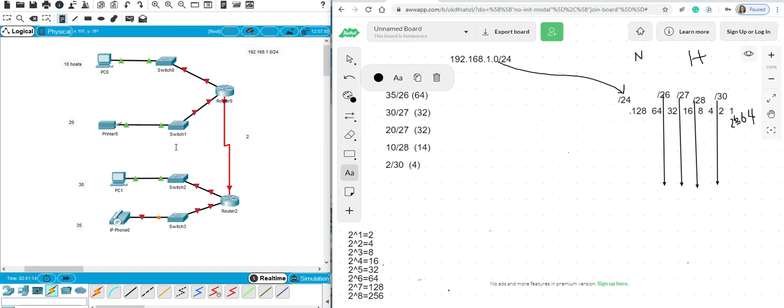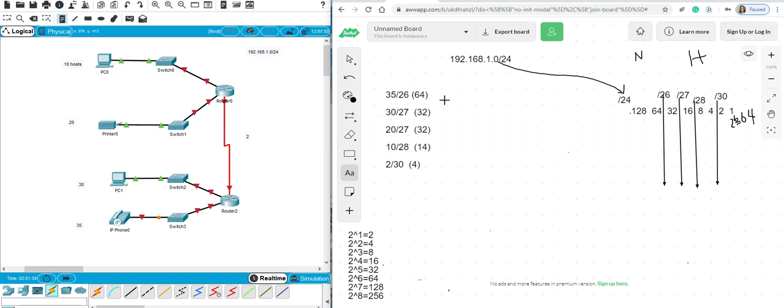And I'll give you a hint, you'll always use a /30 for your serial links because there's always the same number. It's always going to be 2 for serial links. And then you have it, so you have a network number, 2 usable addresses, and your broadcast.